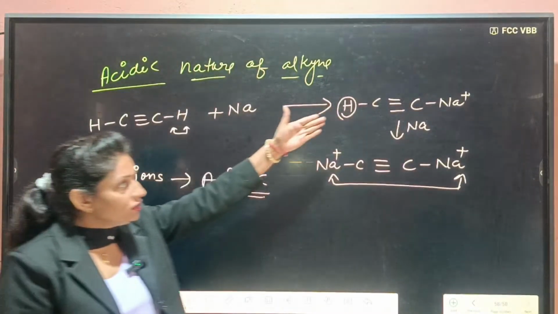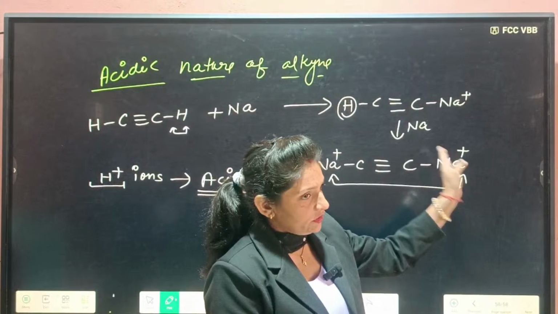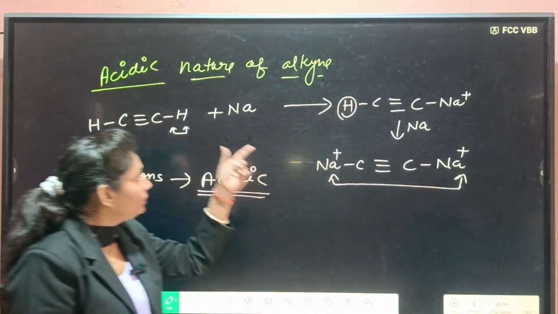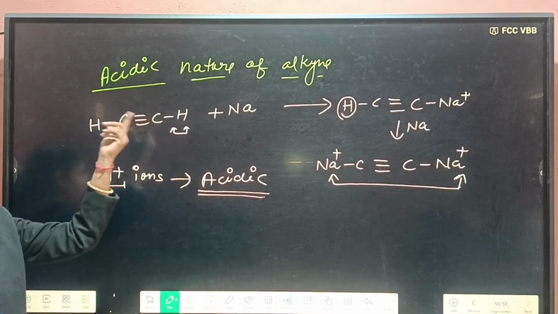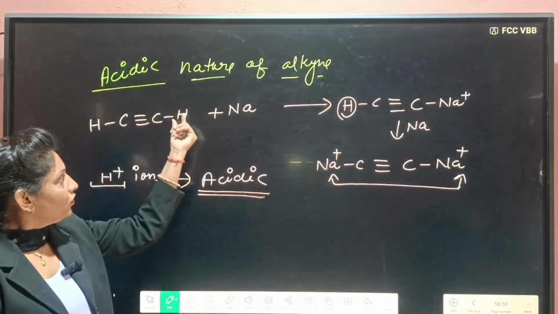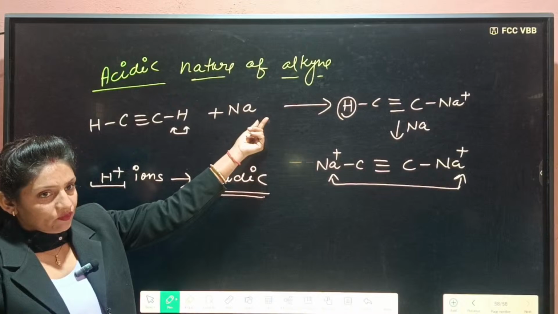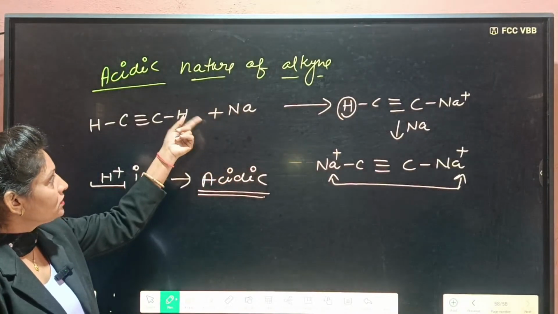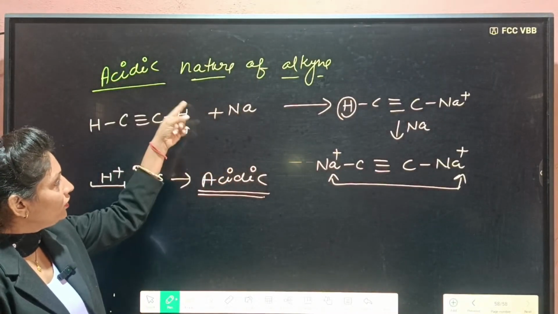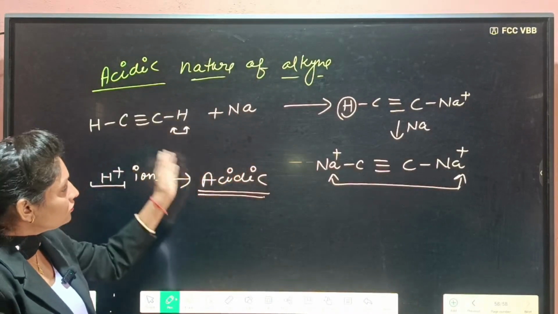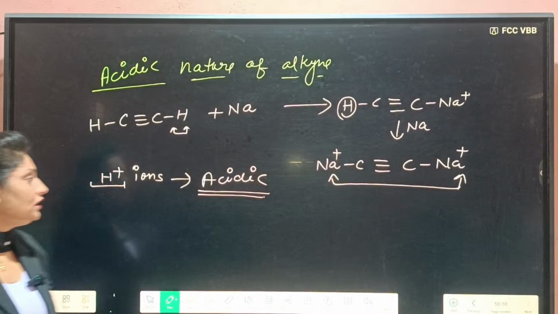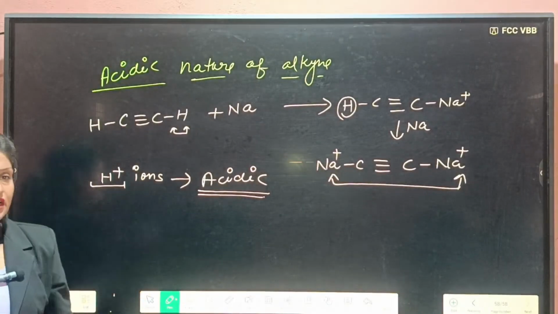Here formation of these products shows the acidic behavior of the alkyne, because hydrogen is replaced by sodium. Why is it replaced? Because first it will break, then sodium can attach. Clear or not?